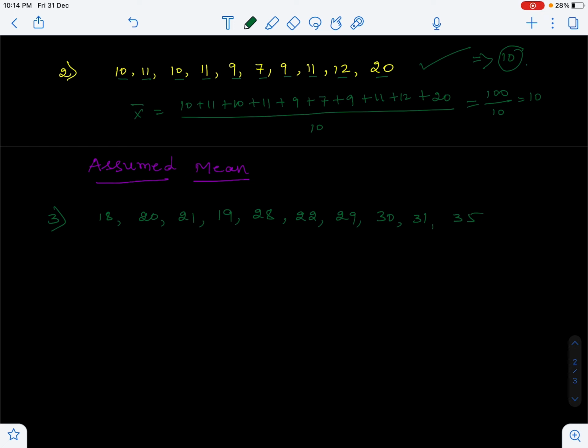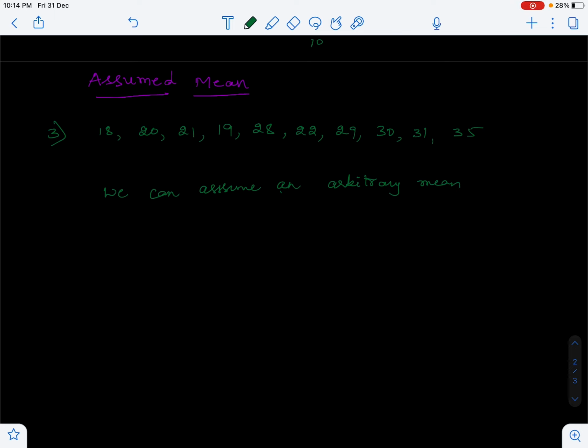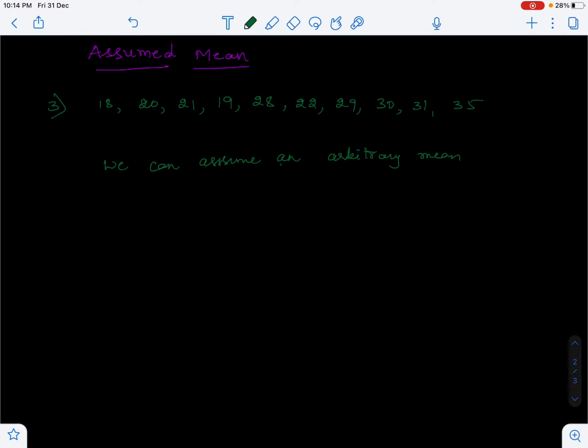If you can see these numbers are very large, we can use the assumed mean method. In the assumed mean method, we choose an arbitrary number as an assumed mean. We can choose any number as an assumed mean. Let me list this data in order first.